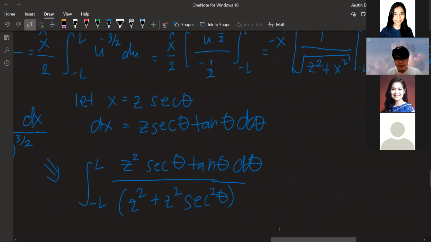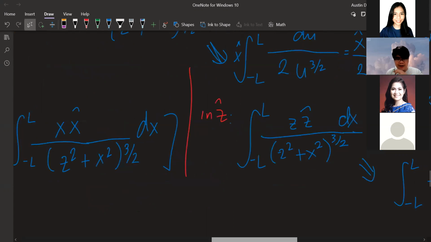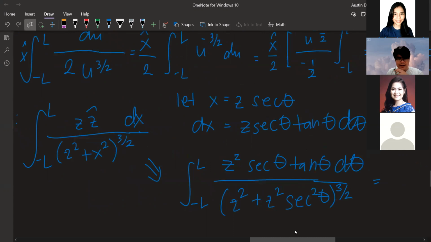So, 3/2 na power. Okay. So, I'm left with, if I'm gonna factor out z squared, magiging z cube siya. And I'm left with the z hat.